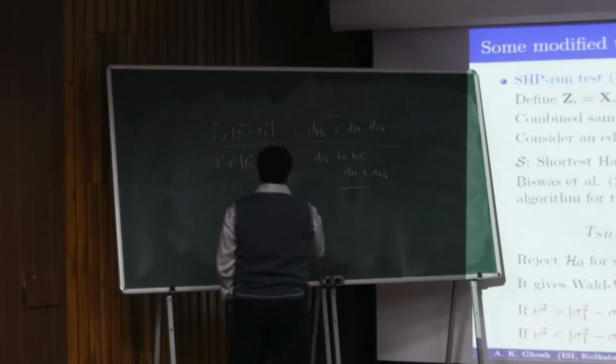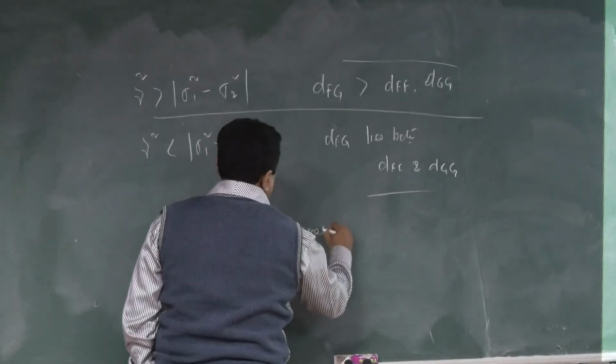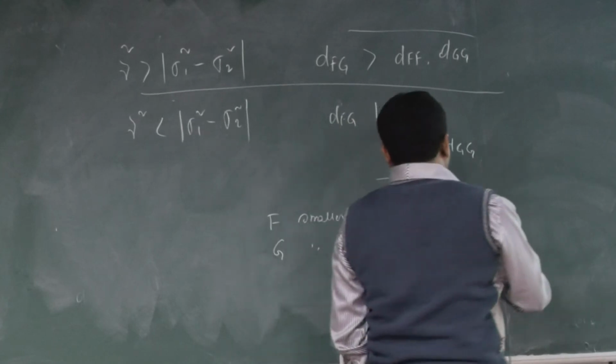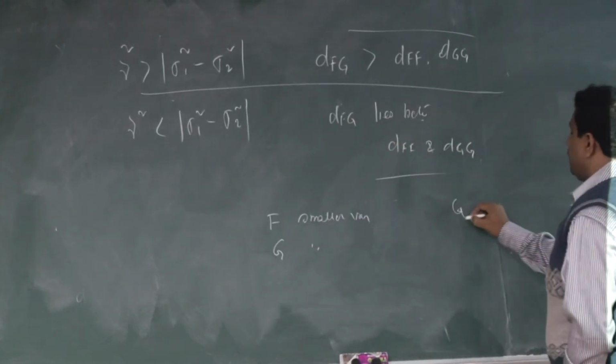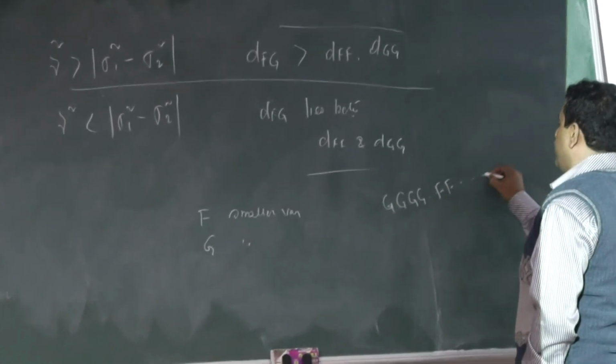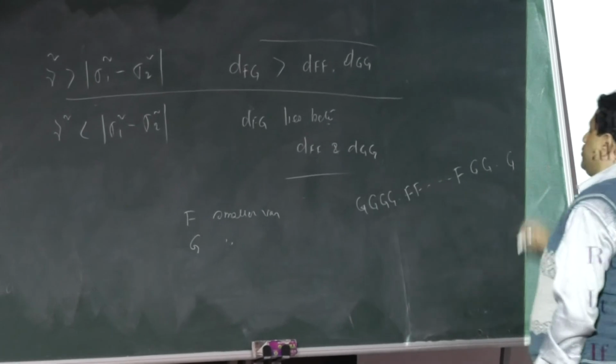Suppose that F has smaller variance than G. Then what will happen? We will start with G observations. In between, we will have a sequence of all F observations, and then we will end up with G observations.